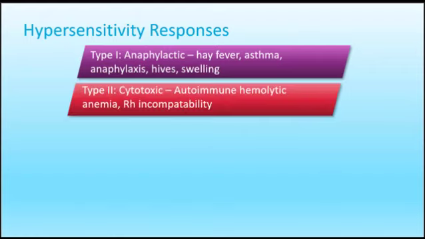Then we have type 2, which is a cytotoxic response, and so that's going to include IgE and IgM. Remember that our IgM stay in our blood because they are so large, so we see this response mostly in the blood. An example of this would be Rh incompatibility.